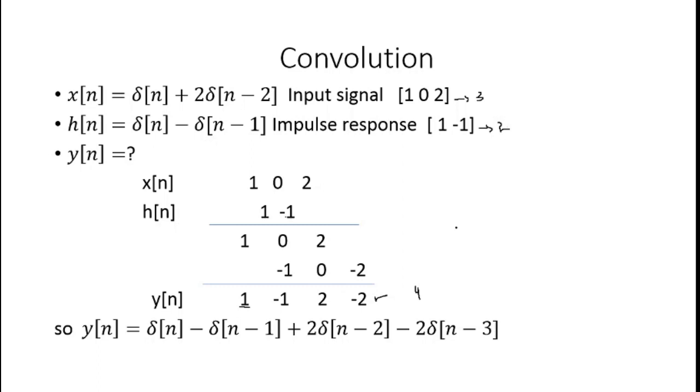The total number of elements in the output will be the number of elements in the input plus the number of elements in the impulse response minus 1, so 3 plus 2 minus 1. If we name them n and m, the number of elements will be n plus m minus 1. As you can see, we have 4 elements.